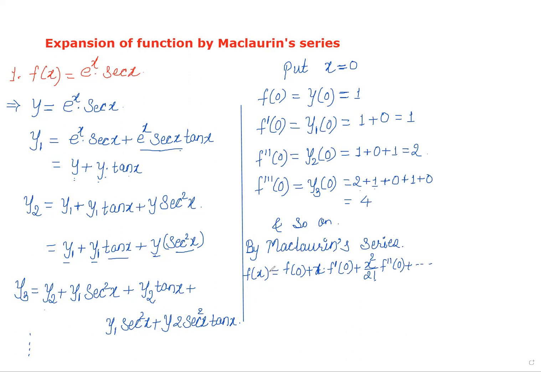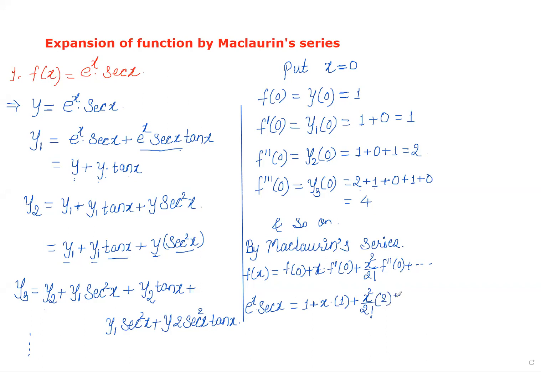Now here we have f of x, that is e raised to x into sec x, which is equal to f of 0, that is 1, plus x into f dash at 0, that is 1, plus x square by 2 factorial, second derivative at 0, that is 2.